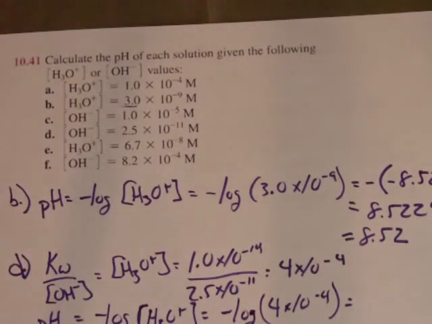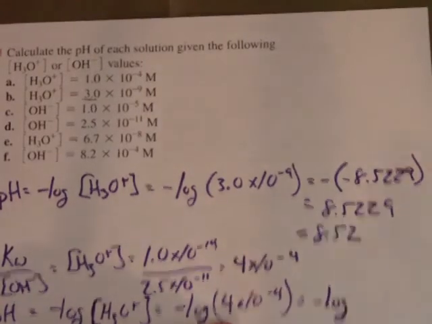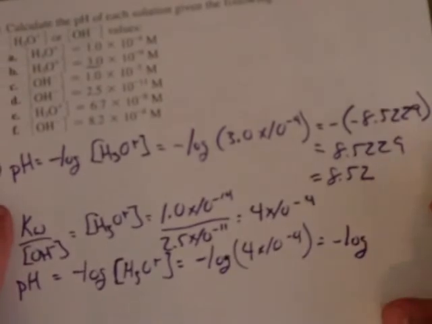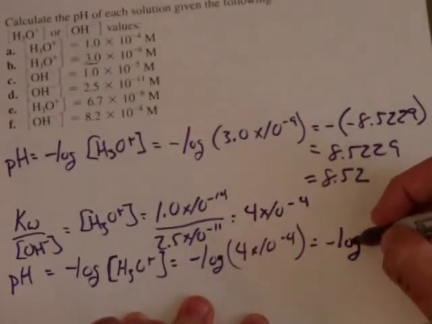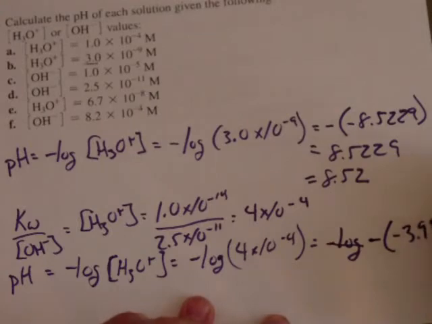And we get a negative of negative 3.398, we'll say.